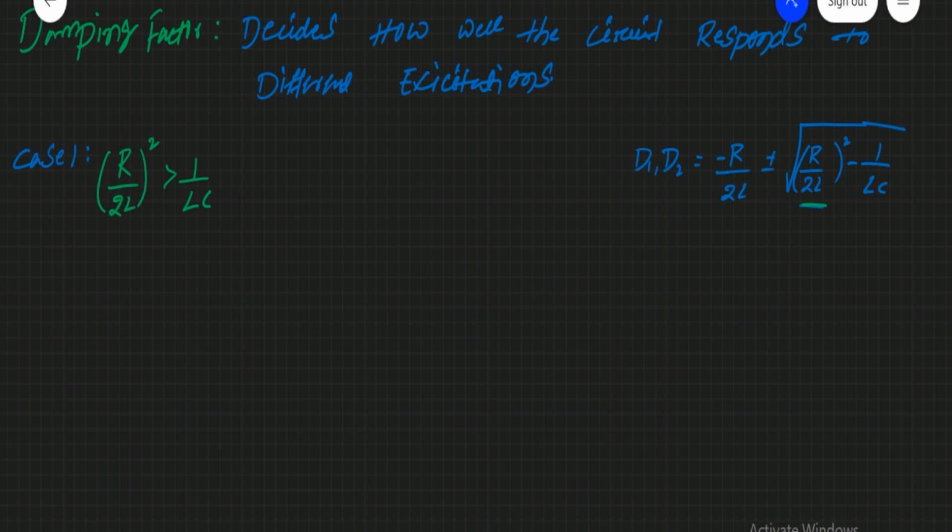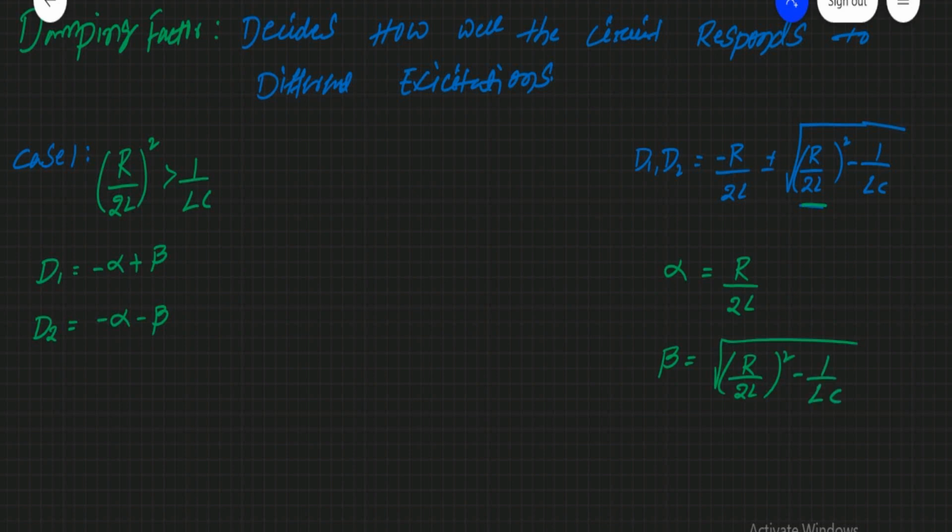So D1 is equal to minus alpha plus beta, and D2 is equal to minus alpha minus beta. But what is alpha? Alpha is equal to R by 2L, and beta is equal to under root of (R by 2L) whole square minus 1 by L into C.